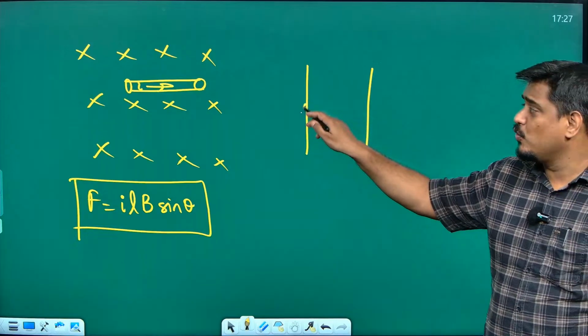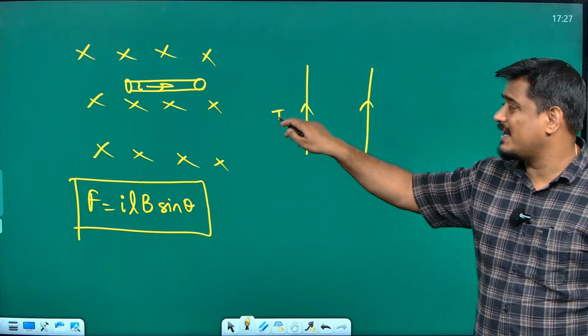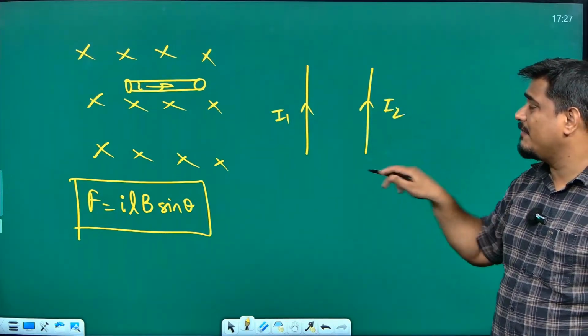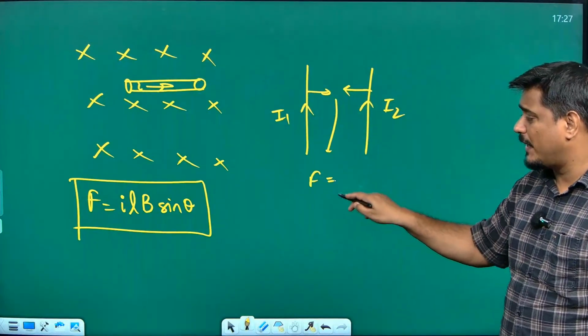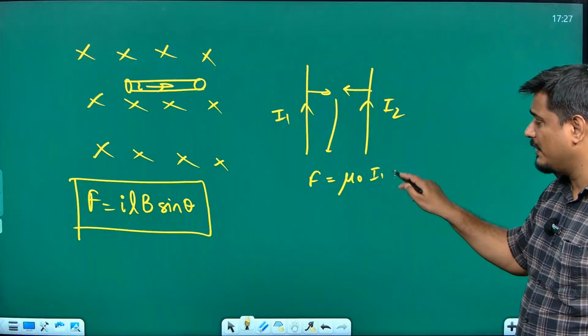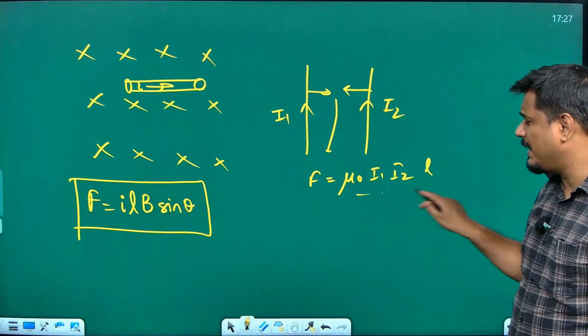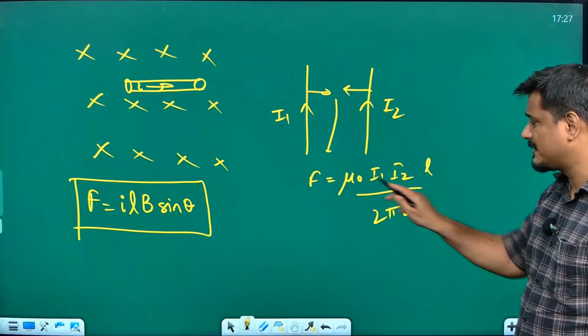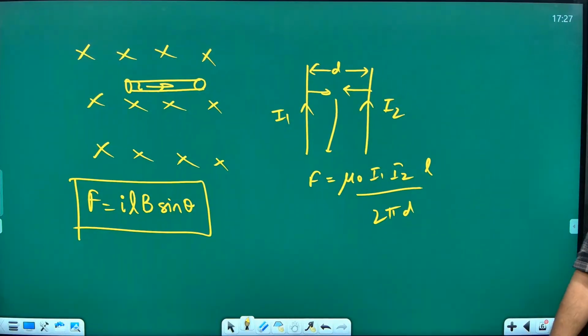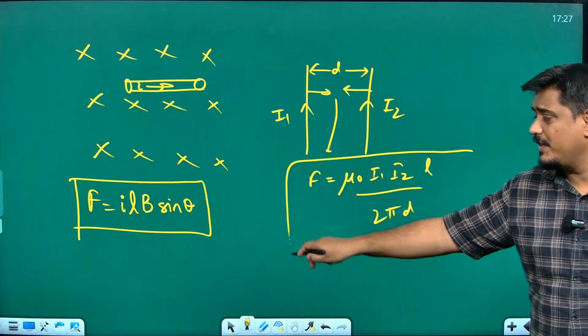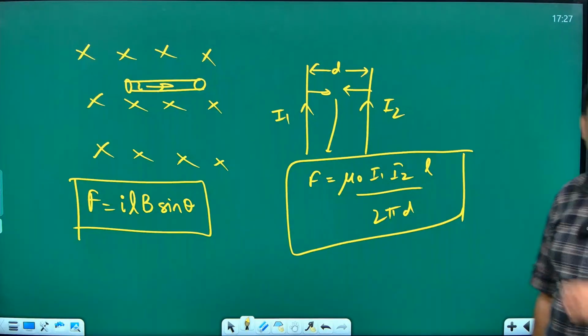But since you have two conductors carrying current I1 and I2, they will be attracting each other by a force. That force value is mu naught I1 I2 L by 2 pi d. You remember this? Very important. d is the distance between them.